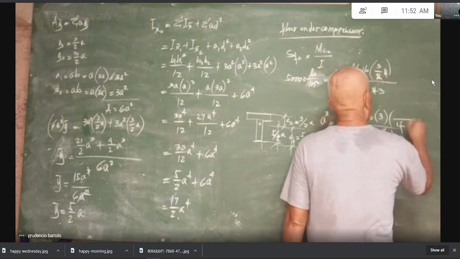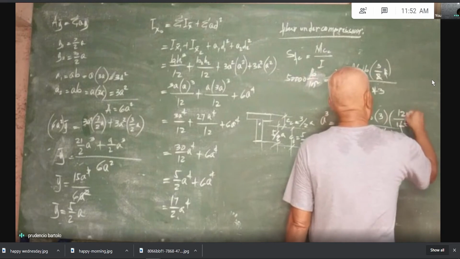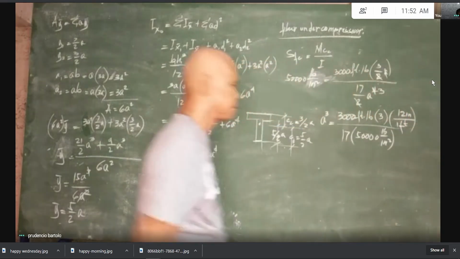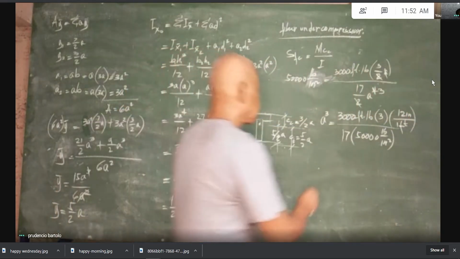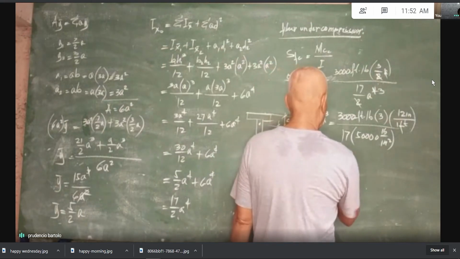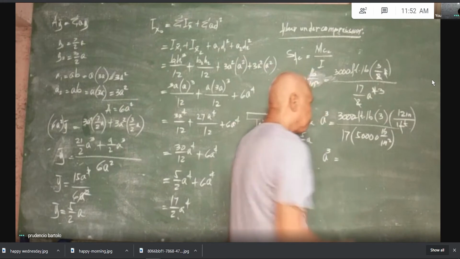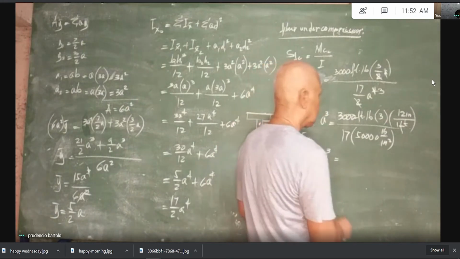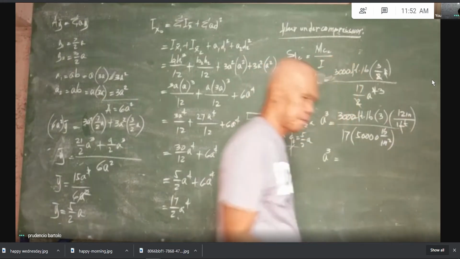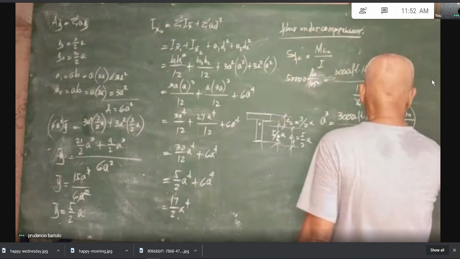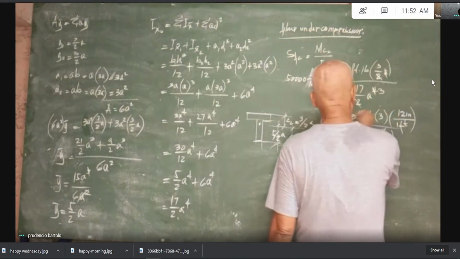1 foot equal to 12 inches. So our A cube now, we take 3 zeros.